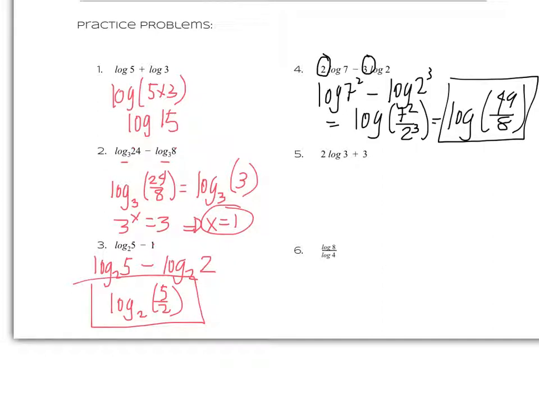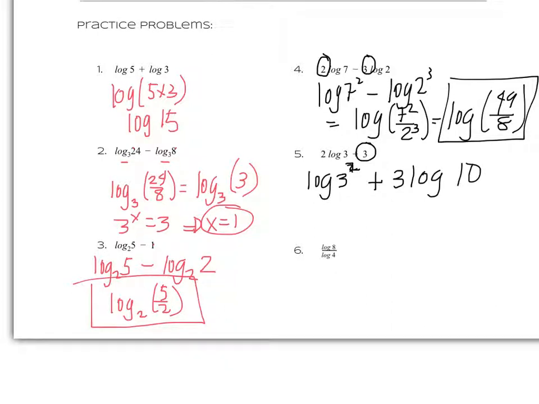Okay, let's try number 5 right here. Again, we want to rewrite this to log of 3 squared. We also see that this right here does not match what we currently have. So the only way we can see this is if we initially had 3 log 10, since technically we're in base 10.